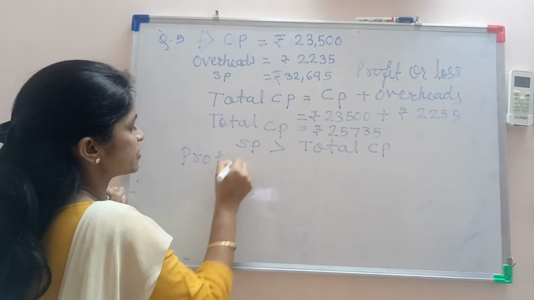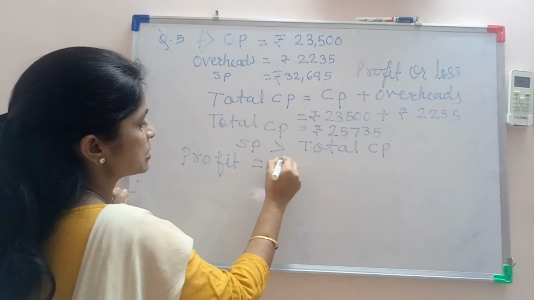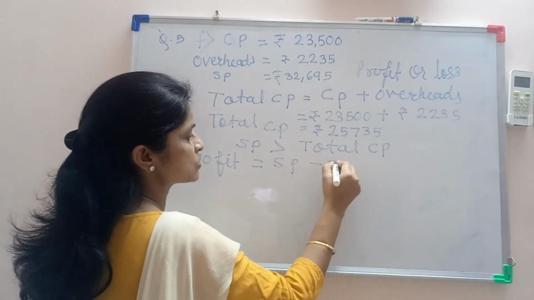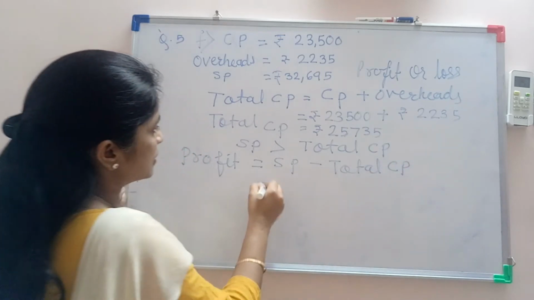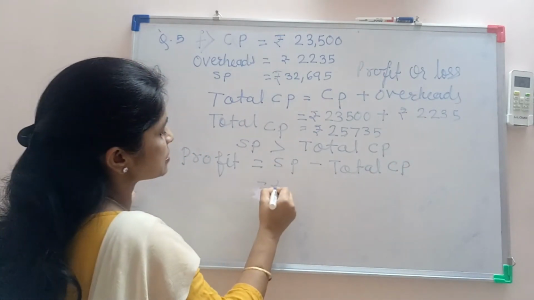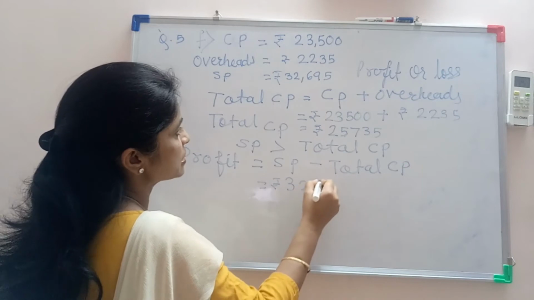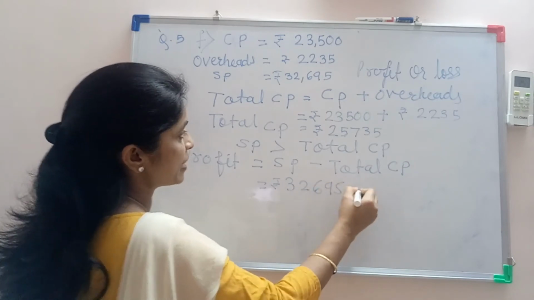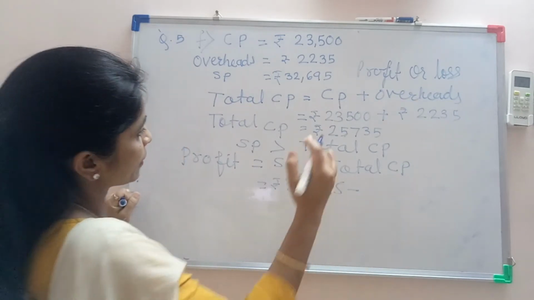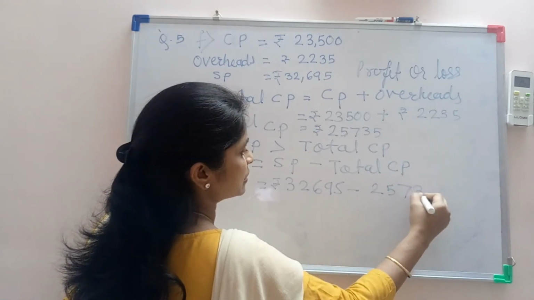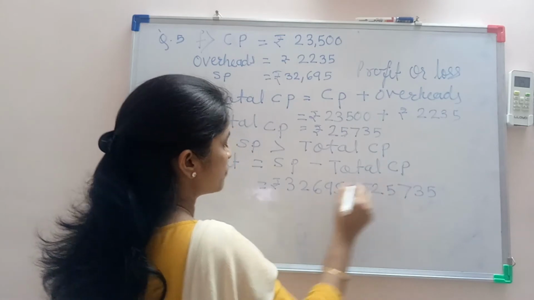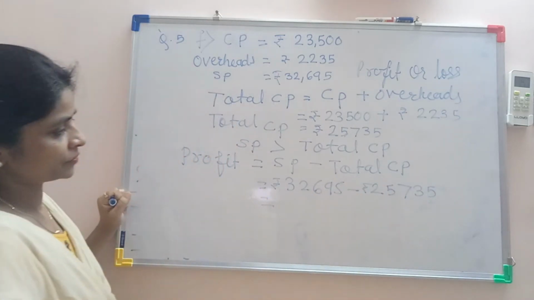Now profit is equal to selling price minus total CP. Now selling price is given rupees 32,695 minus total CP is 25,735. Now we will do the subtraction of this.